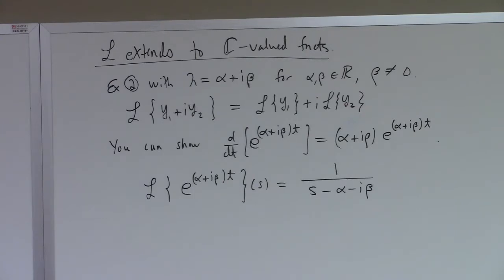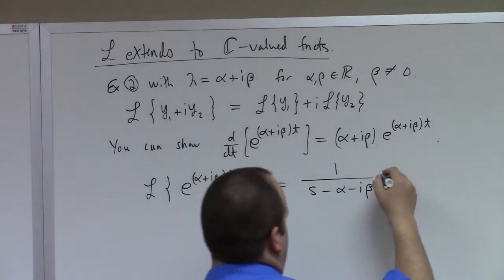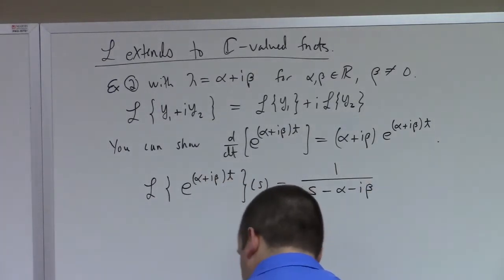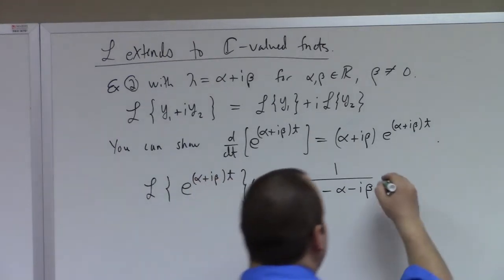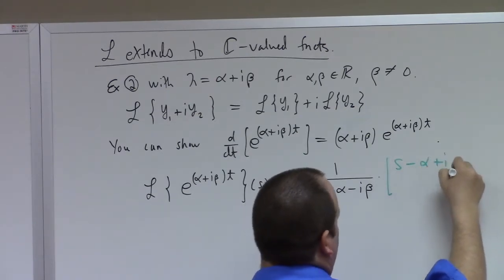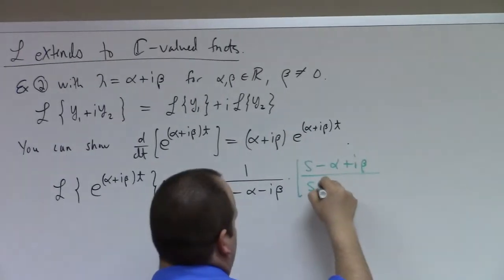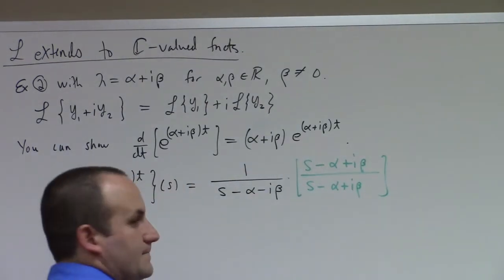Now that in and of itself isn't too interesting, but we can extract a real statement from this by multiplying by the conjugate. I'll do the algebra in green. So this is s minus alpha plus i beta over s minus alpha plus i beta, right?